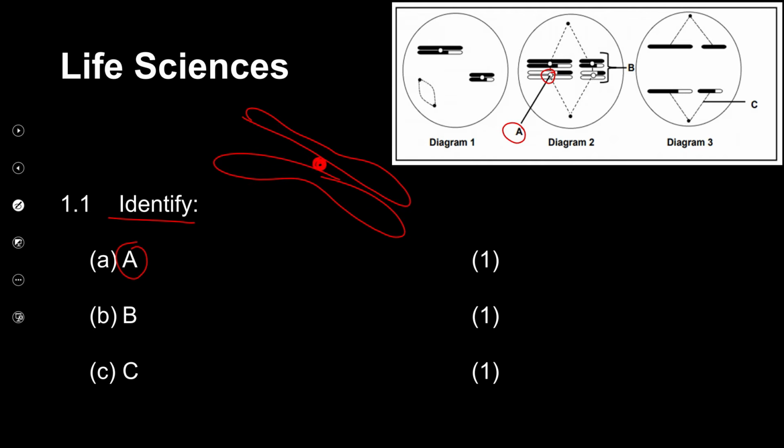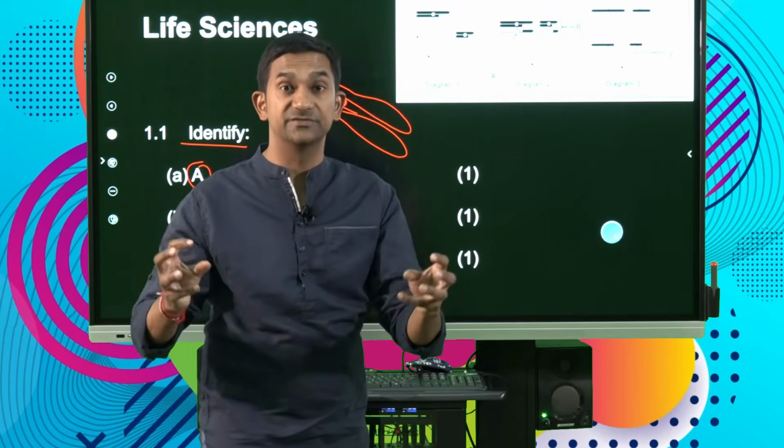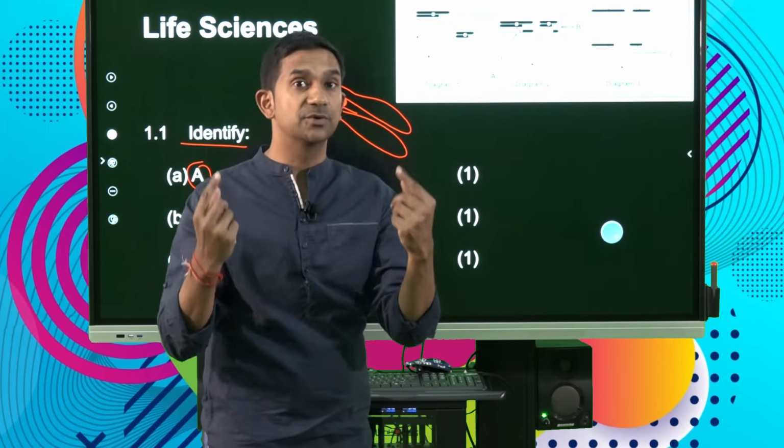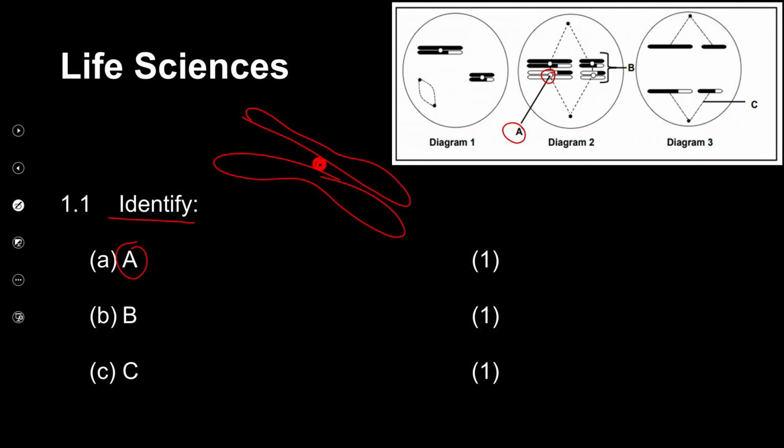So structure A is pointing to that protein that holds the chromatids together. After replication has taken place and copies of DNA have been wrapped around histone proteins to form condensed structures, they are held together by these structures which are called centromeres. So structure A is the centromere, and it's important that you're able to recognize that.